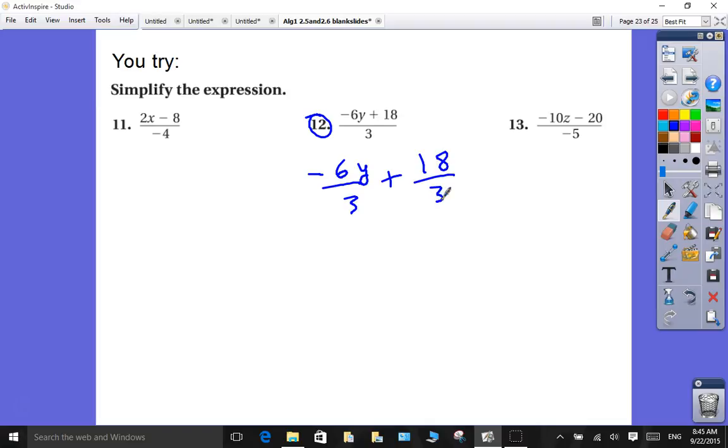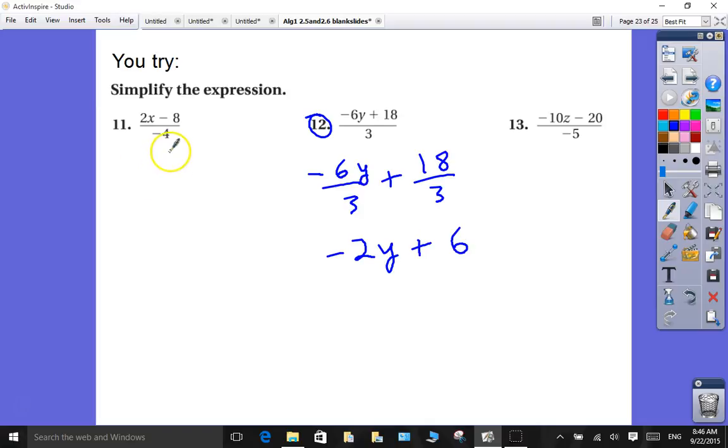Just write it twice. If there's 2 terms in the numerator, 1 term in the denominator, you can split them up. You can't do that if it's the reverse. If there's 1 term in the numerator and 2 in the denominator, you can't do it. But you can do this. And then what's the negative 6 over 3? Negative 2y. And what is 18 over 3? 6.